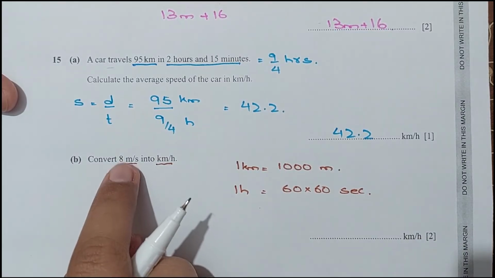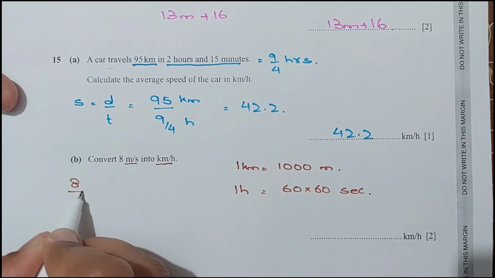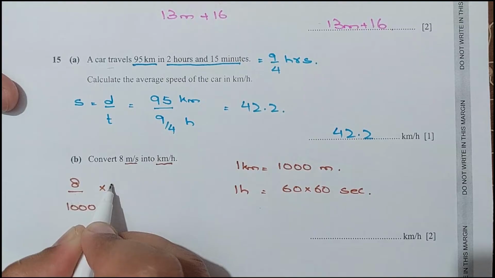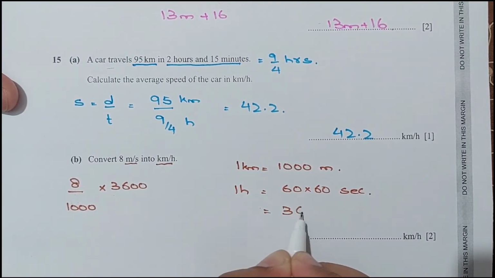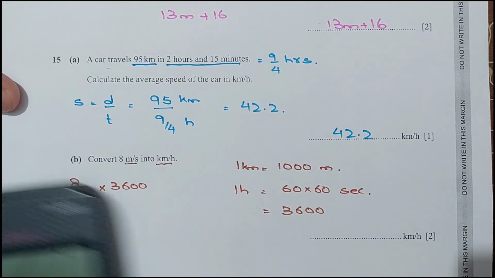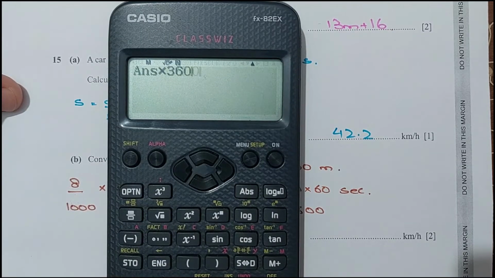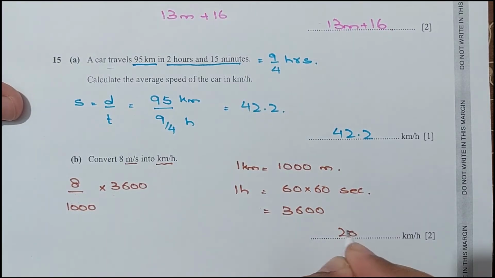Now meters to kilometers: 8 is going to divide by 1000, and per second, so multiply by 3600. 60 times 60 is basically 3600, right? So 8 divided by 1000 times 3600 is 28.8 kilometer per hour.